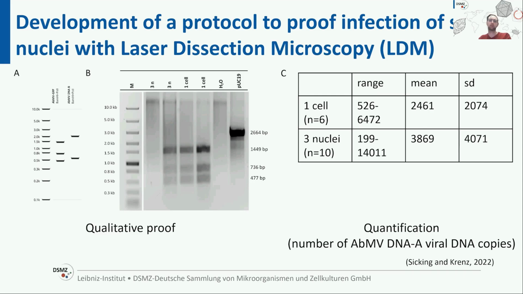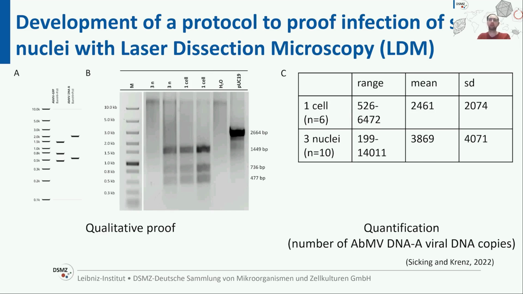Here you can see in panel B the representative result of our qualitative proof using the RCA, followed by a restriction digest, and the fragments which were produced using this method have been visualized on an agarose gel, and you can see the precise and specific bands for the ABMV infection in panel B. So yes, we are able to prove the viral infection upon few nuclei or a whole cell.